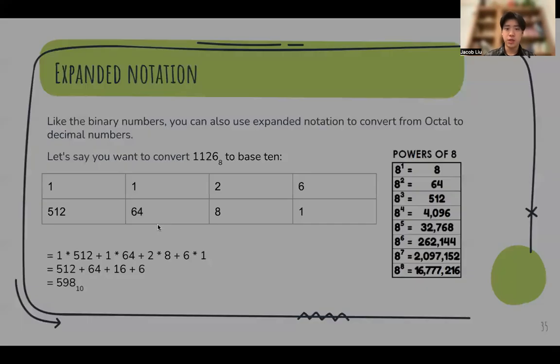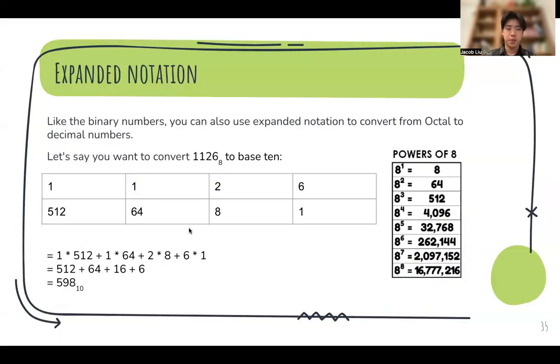We can also use a chart, just like we did in binary. In binary, the bottom row of our chart was 1, 2, 4, 8, and we doubled it every time. But this time in base 8, we start with 1 again, and then we multiply by 8 every time.